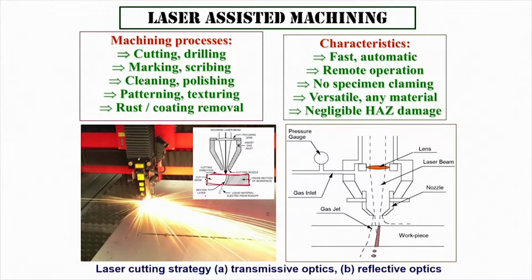The beam comes through a nozzle, and there could be a flow of gas, either a shroud gas or an active gas like oxygen, surrounding the laser. When the beam interacts with the solid, it can create immediate vaporization, and depending on the interaction time, the depth of cut will be determined. There has to be a relative motion: either the solid moves or the laser beam with the nozzle moves.